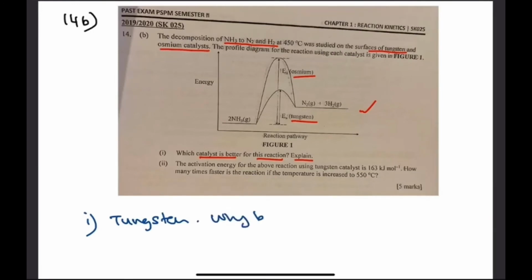Because the activation energy, please write in full, I'm writing short form here.